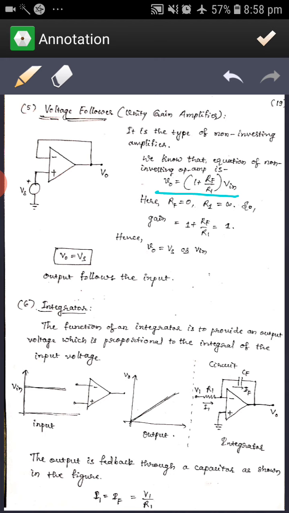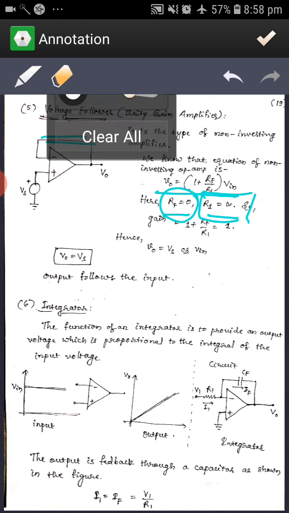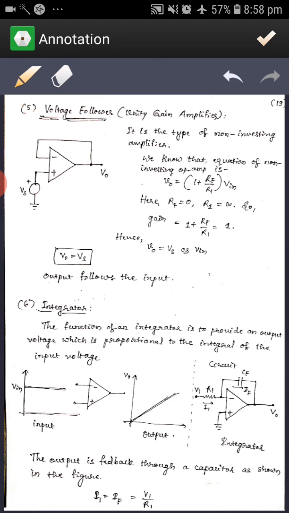Here RF is not 1, sorry, RF is 0, so there is no resistance here. It is directly like a short. But R1 is open, so there is no resistance at all, and we can take that as infinity. RF being 0 means that term is 0, so 1 plus RF by R1 is equal to 1 and V0 is equal to Vin.